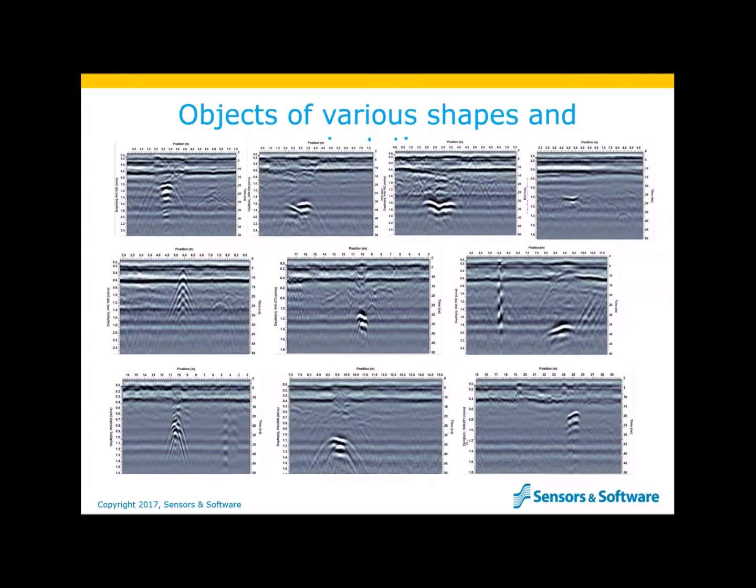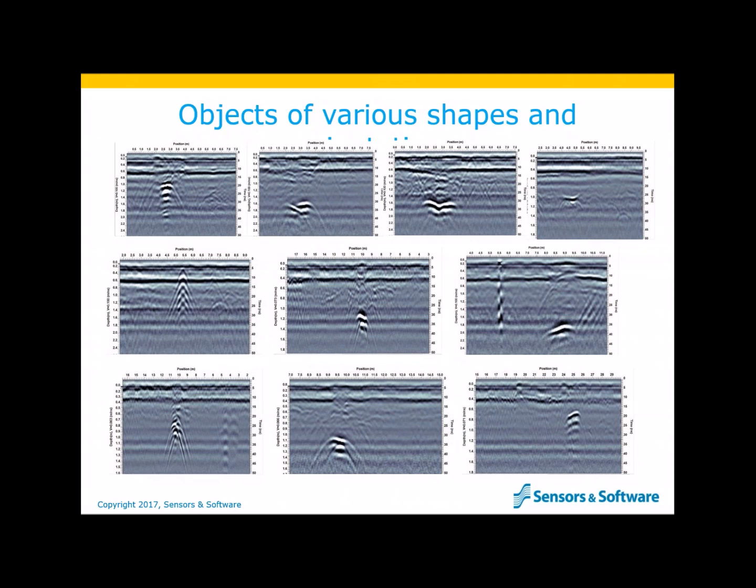The lesson here is that different shaped objects will produce different responses in the GPR line. Here are examples of the responses from many different shaped objects. I collected this data at the University of Tennessee at Knoxville. They dismantled a car and buried the parts in a field for the geophysics students to detect and map out using various technologies.